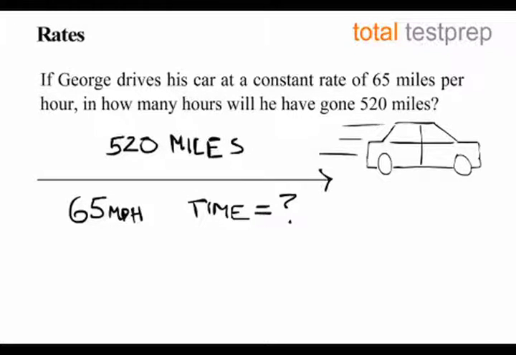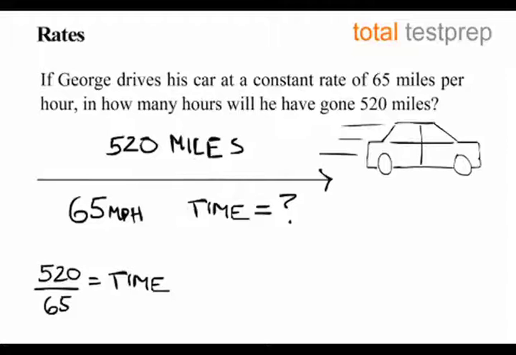When you have a distance bar and you put the distance on top and the rate and the time on the bottom, this is a mnemonic device to help you remember that the distance divided by the rate is equal to the time. So 520 divided by 65 should give us the time, and vice versa, you can divide the distance by the time to get the rate.